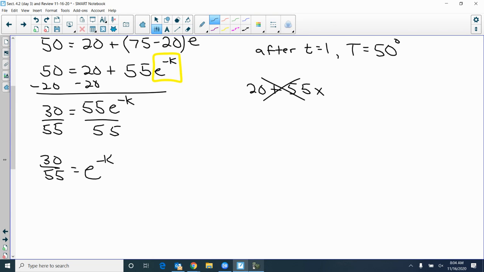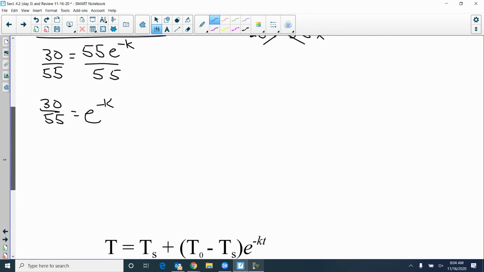Convert that to natural log. What does that look like as a natural log? That is going to be ln of 30 divided by 55 equals negative K. And then all I've got to do is divide by -1 to get my K.